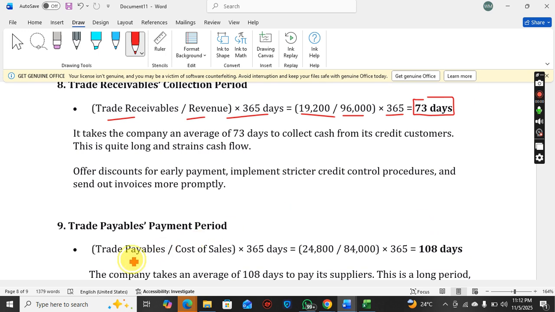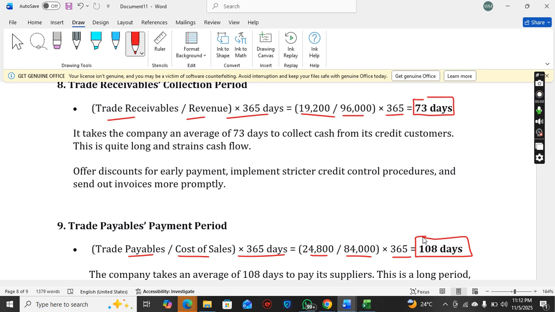So it's the trade payables divided by cost of sales times 365 days: 24,800 divided by 84,000 times 365. You get 108 days. And this is if you work on holidays also.